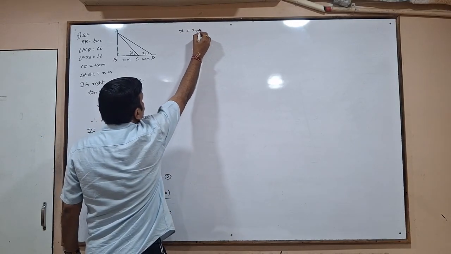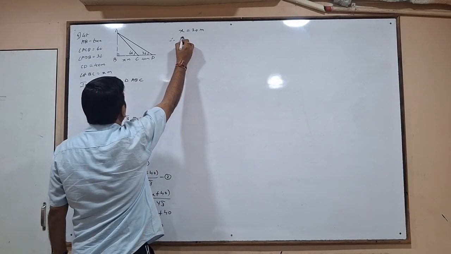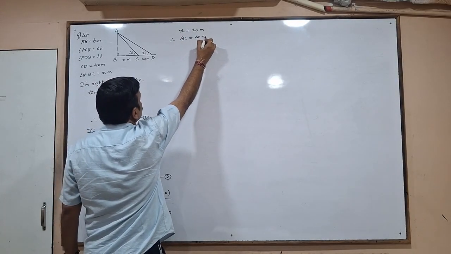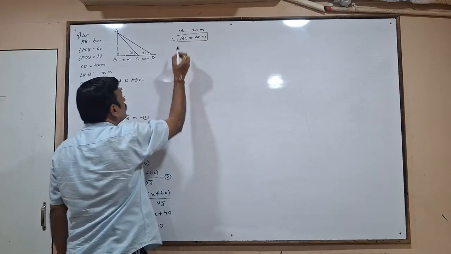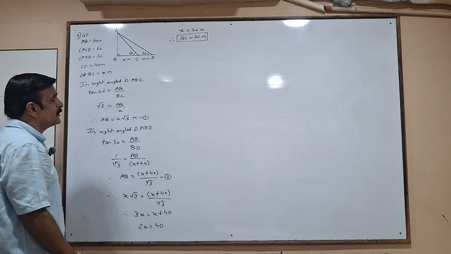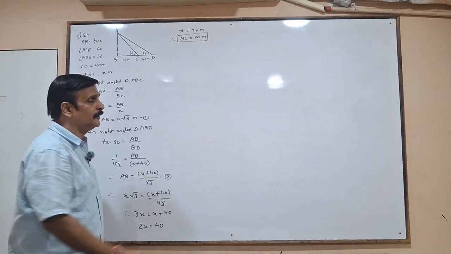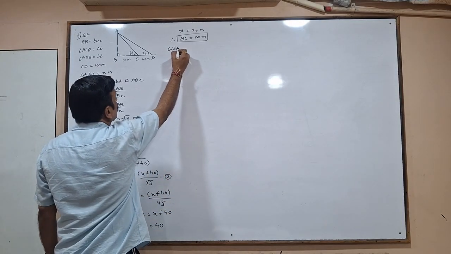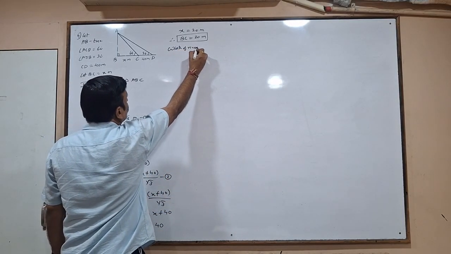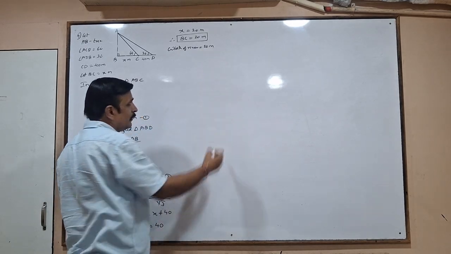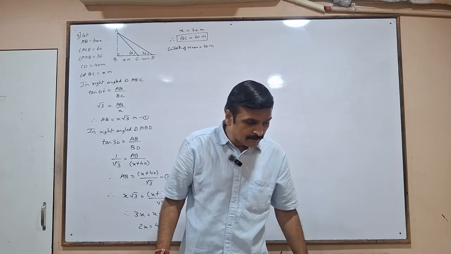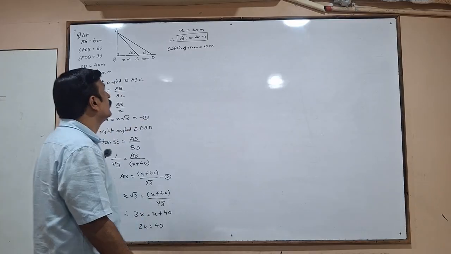So x is equal to 20 meter. So BC is 20 meter. So basically we calculated width of the river. Width of river is 20 meter, which is the second question. Find the width of the river.